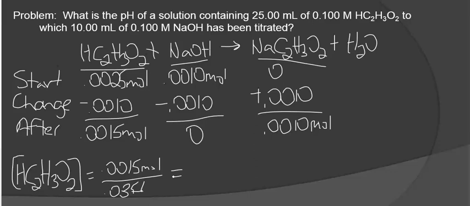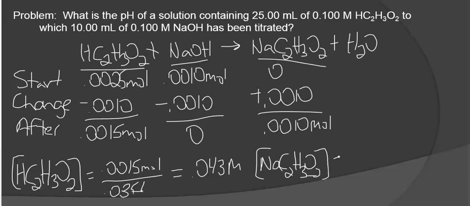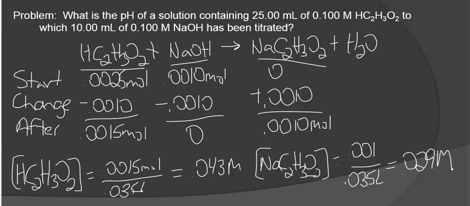So the concentration of acetic acid is 0.043 molar. I also need the concentration of sodium acetate because it affects pH. So the moles, 0.001 divided by the 0.035 liters of solution, 0.029 molar.